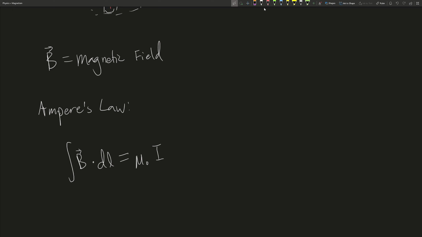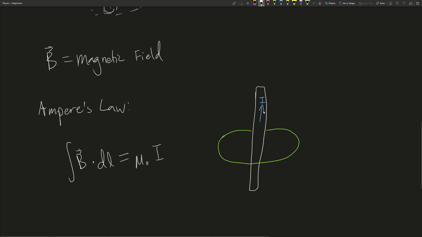And so what does that look like? Well, if we have a current carrying wire here, and there's a current I going through it, we can choose a circular path, a curve with radius r from the wire.